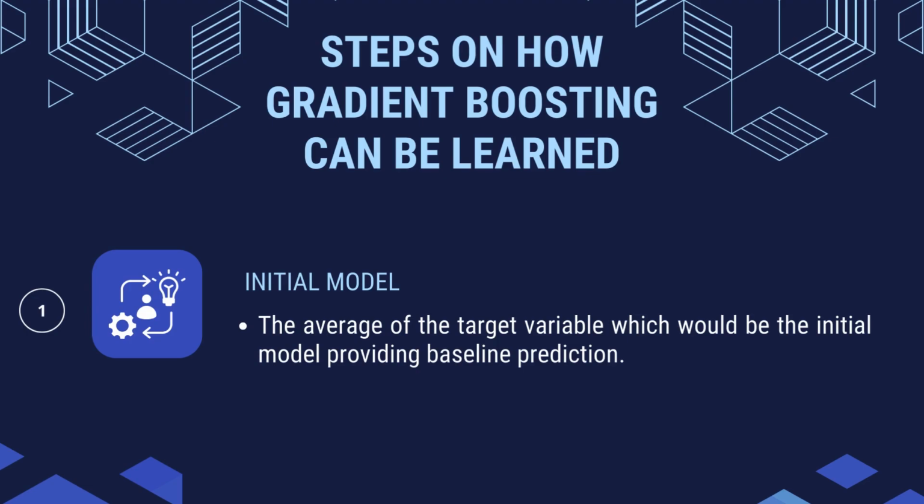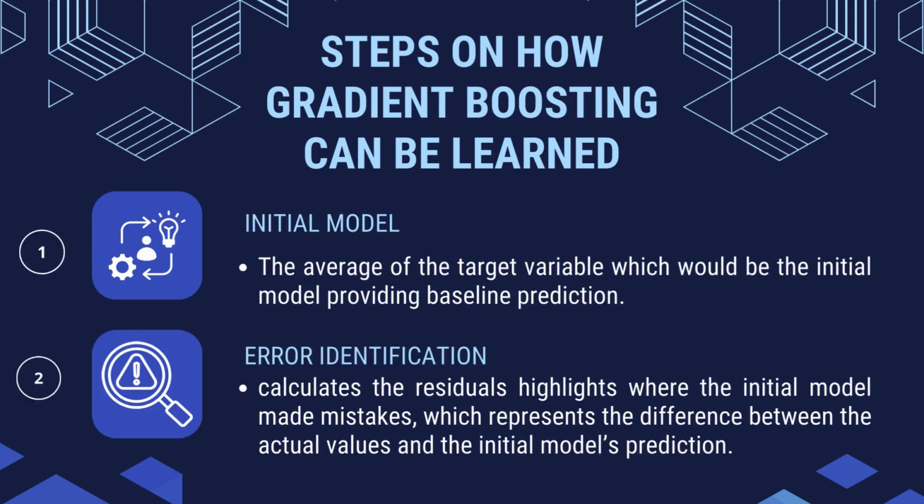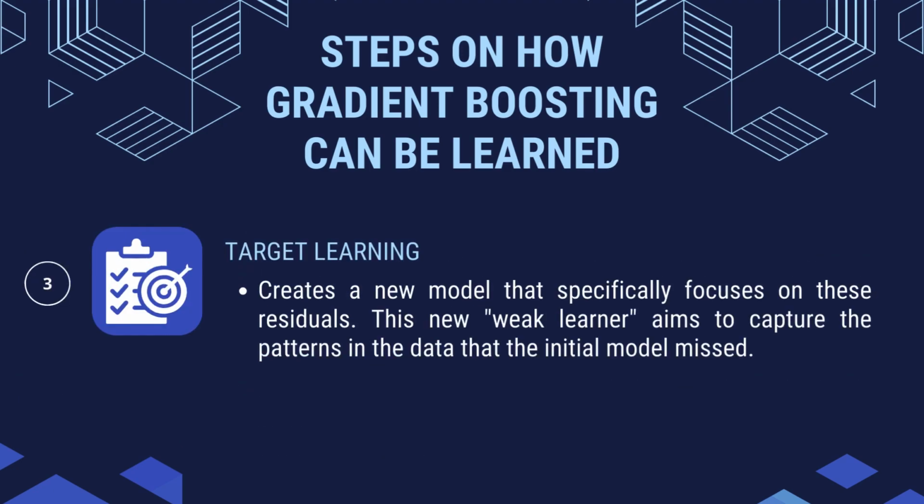Step 1: Initial model. It is by having a simple model, often the average of the target variable, which would be the initial model providing a baseline prediction. Step 2: Error identification, in which the algorithm calculates the residuals, which highlights where the initial model made mistakes and represents the difference between the actual values and the initial model's prediction.